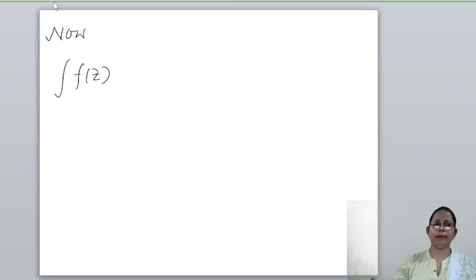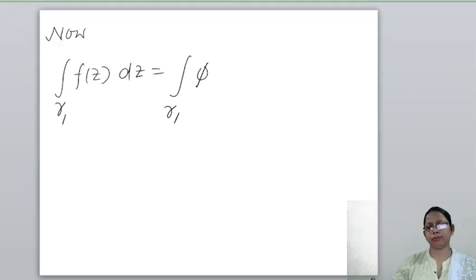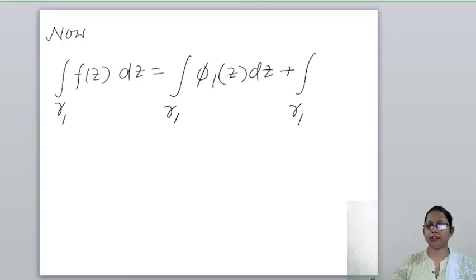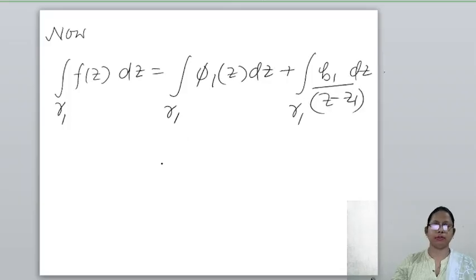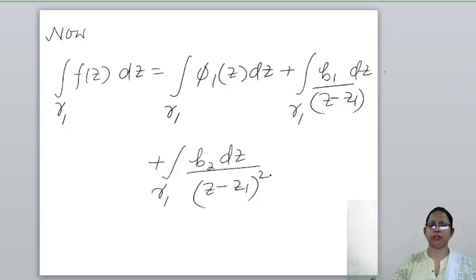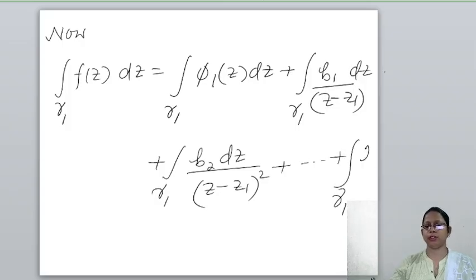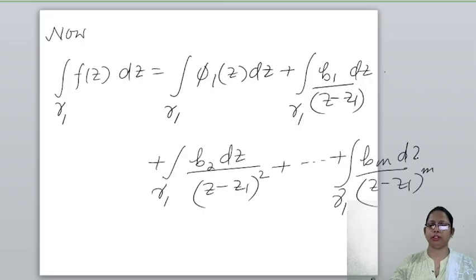Now integrating around gamma 1, we get this: the integral over gamma 1 of phi 1(z) dz, plus the integral over gamma 1 of b1 dz by (z minus z1), plus the integral over gamma 1 of b2 dz by (z minus z1) squared, plus dot dot dot, plus the integral over gamma 1 of bm dz by (z minus z1) to the power m.